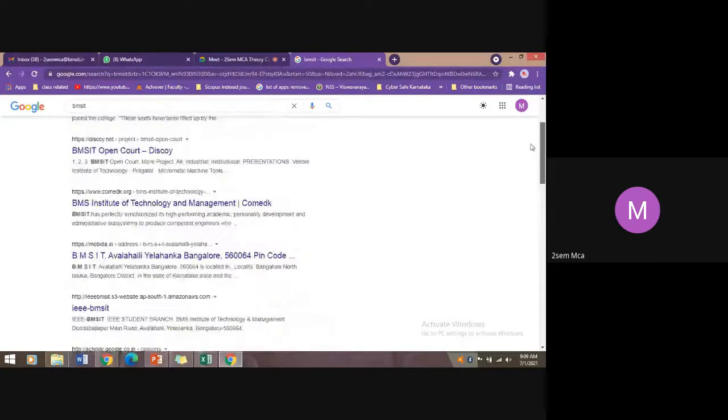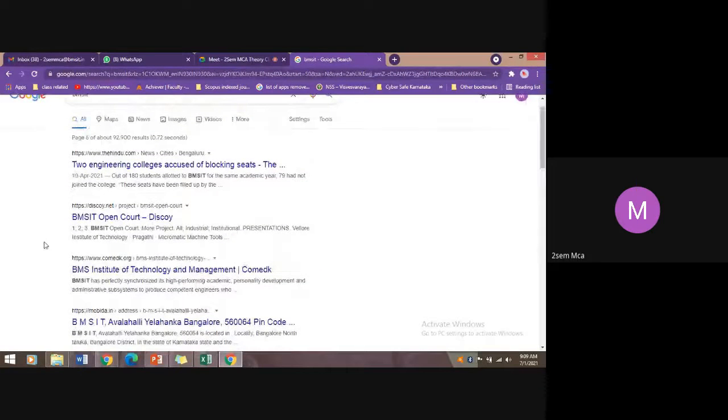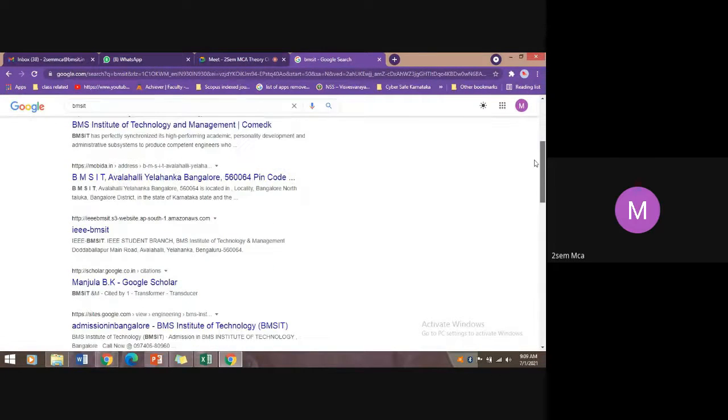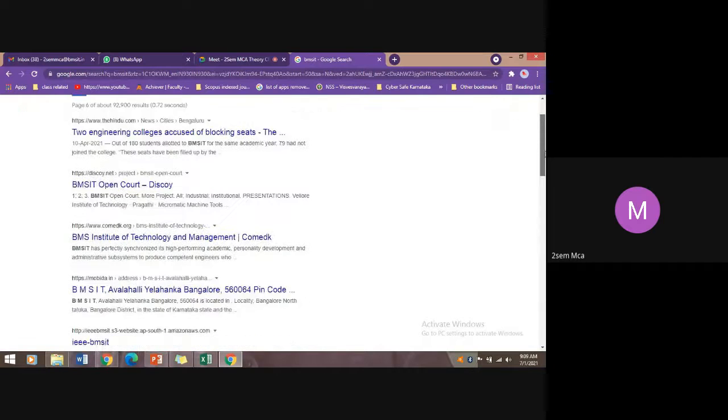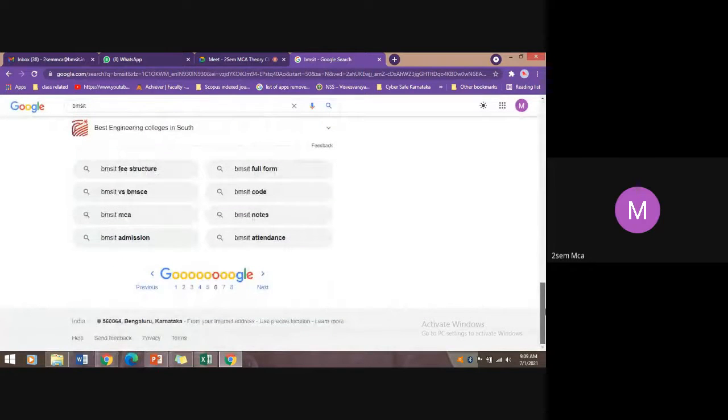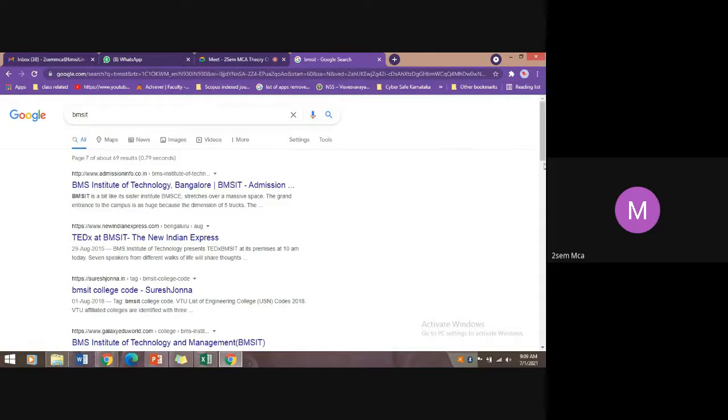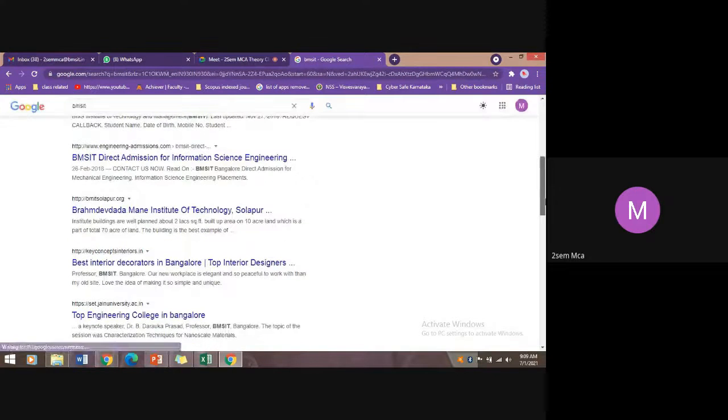You can see here one such example is BMSIT open code. Observe here: Brahmadeva Mane Institute of Technology, Solapur. See, small changes here.